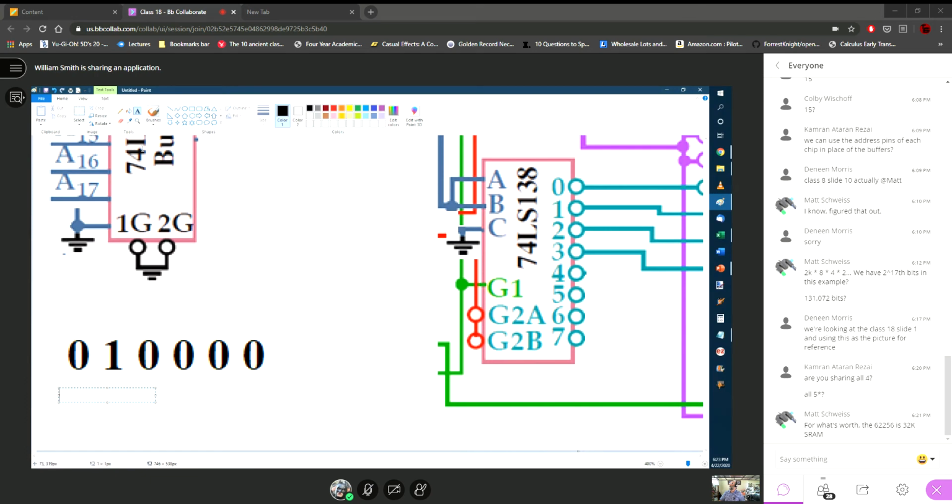How do I get a smaller font? Here we go. All right, that has to be half that. So this is 17. Let's make it a different color. All right, so I got A17, A16.